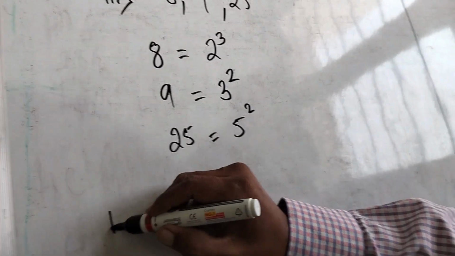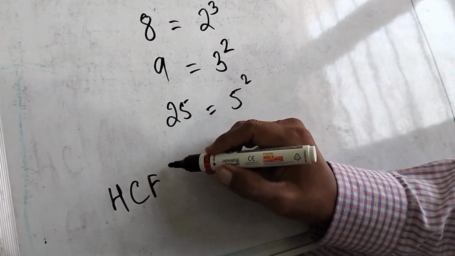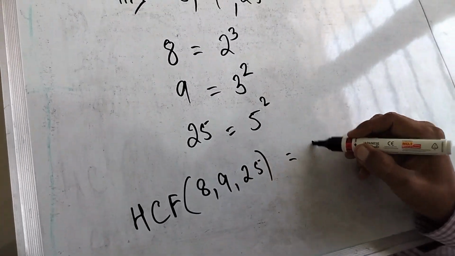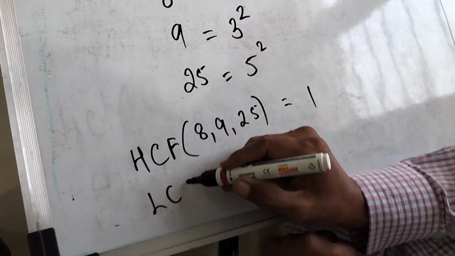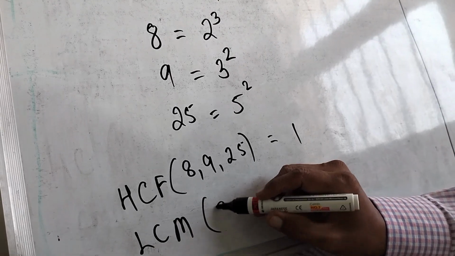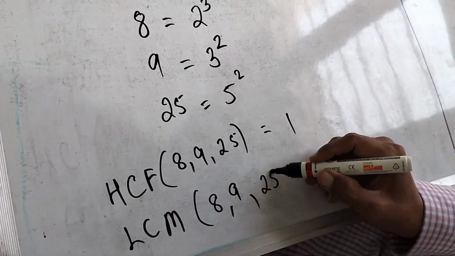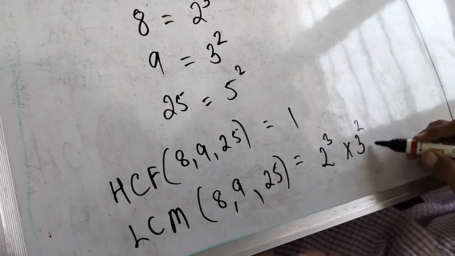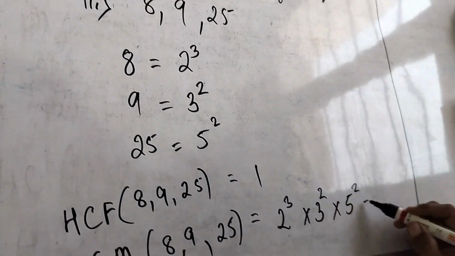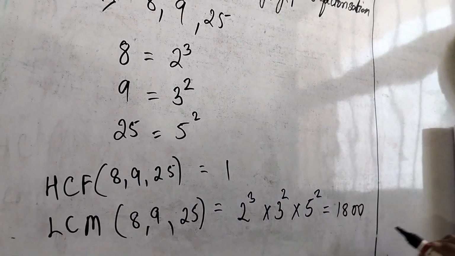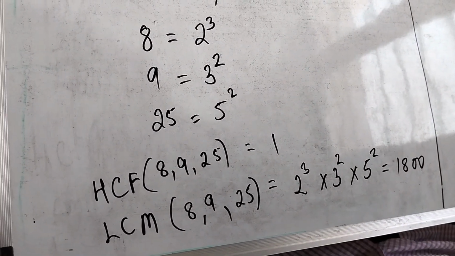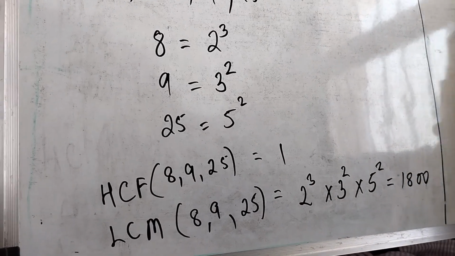Is there anything common over here? No. That is why we will have the HCF as 1, and the LCM for 8, 9 and 25 will again be the multiplication of 2 raised to 3, 3 raised to 2 and 5 raised to 2, which is equal to 1800. So simple. Now we are moving on to the fourth question.